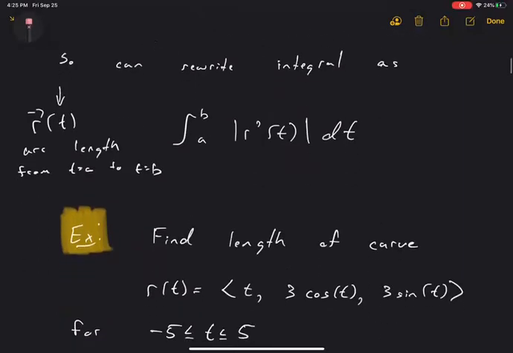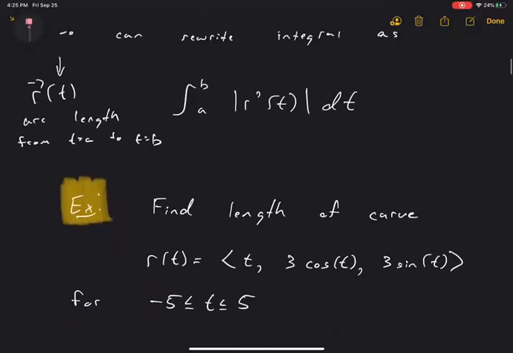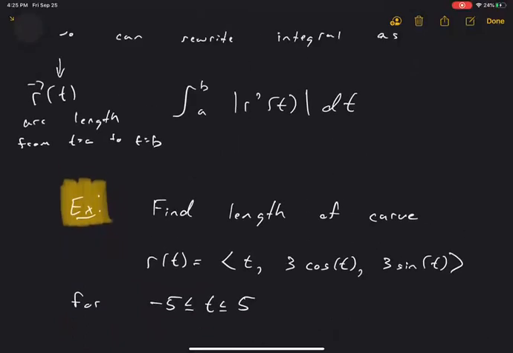Okay, so let's see an example. Let's say I start with this vector valued function, r of t equals t, 3 cosine t, 3 sine t, between t equals -5 and 5. So I want to find the arc length of this curve when t is between -5 and 5.